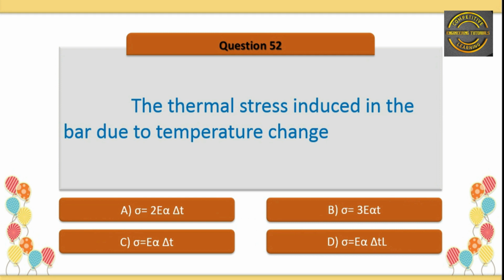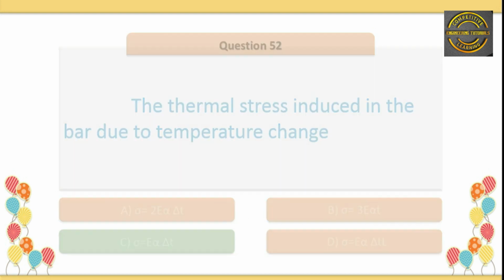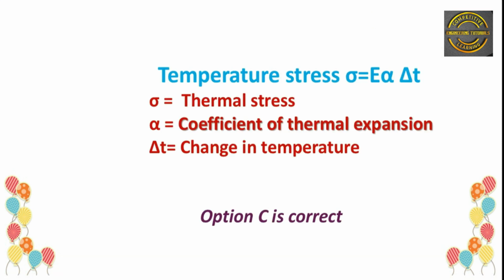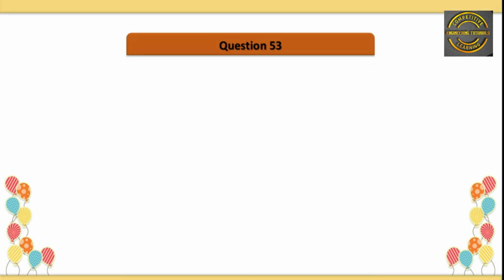Option C is correct. Sigma equal to E alpha into delta T. So here this one is the explanation. Temperature stress sigma equal to E alpha into delta T. Where sigma equal to thermal stress, alpha equal to coefficient of thermal expansion, delta T equal to change in temperature. Option C is correct.